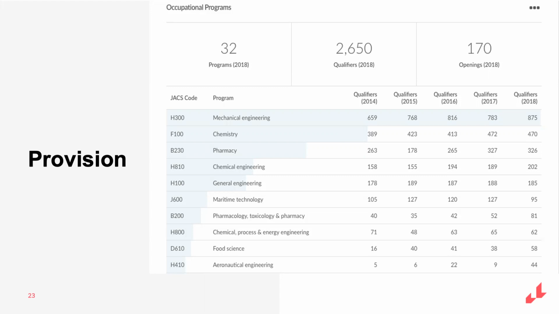And we're using HESA qualifiers data to see which programs tend to deliver graduates into that occupation. So we're seeing, according to the mapping, we're not weighting it according to the mapping, but we can see all of the courses that feed into that particular occupation potentially.